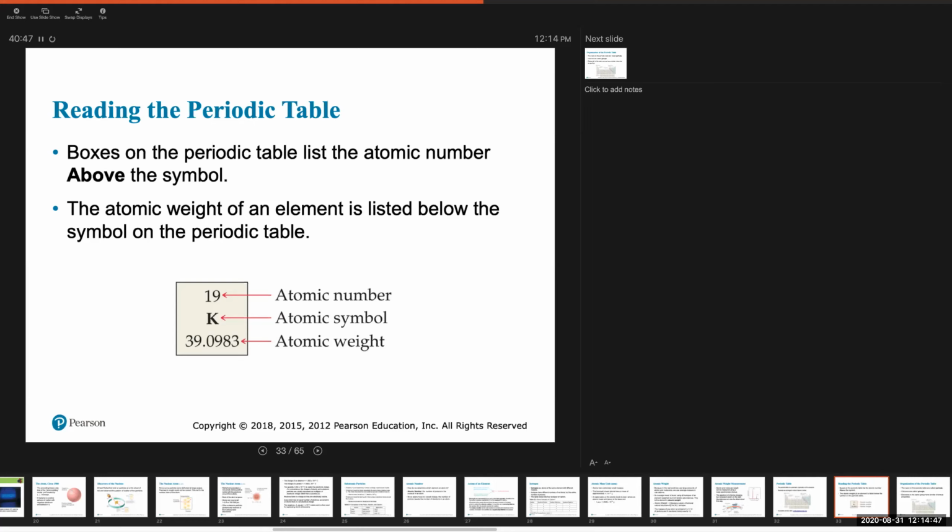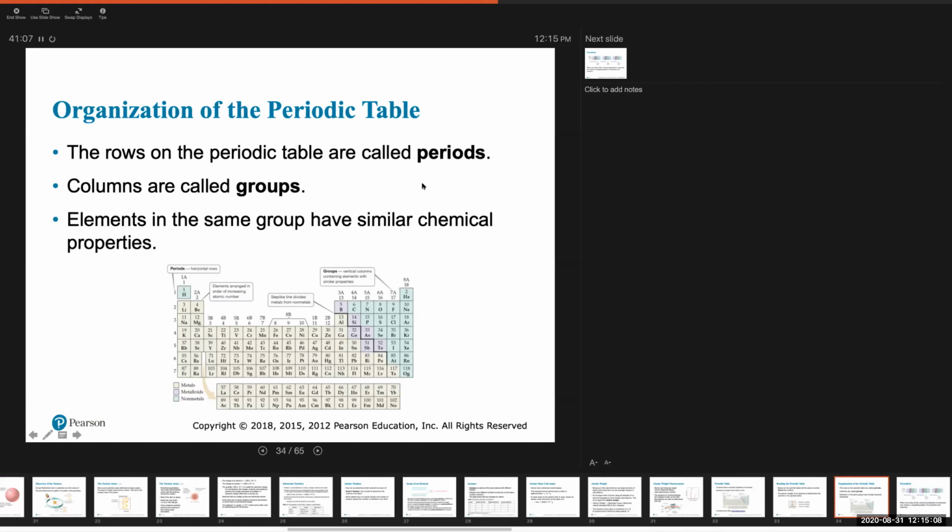Remember we said, instead of it being just one weight, there are other weights involved, and then proportions of that, and we have to do that formula that we looked at a couple slides ago. So that's why you see some of these numbers that aren't exactly what you would think. Those are the average of all the isotopes, taking all the isotopes into account.